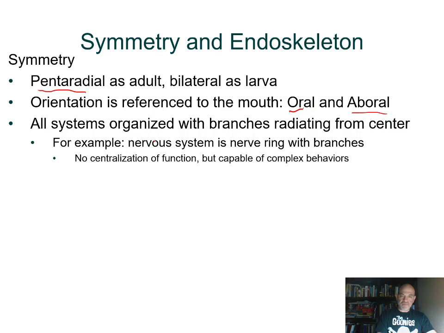So now all of their organ systems that are within there are going to branch out in this radial sort of symmetry. Even their nervous system is going to consist of a ring, and then branches of a nerve going out through to each of the arms of a starfish, for example. So the interesting thing is there's no centralized nervous system like we're used to when we talk about a brain. But these animals are still capable of very complex behaviors.